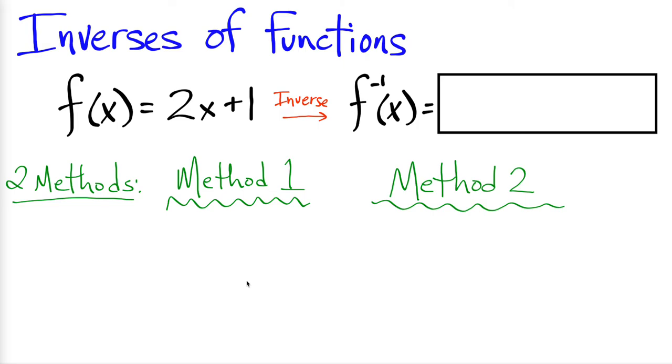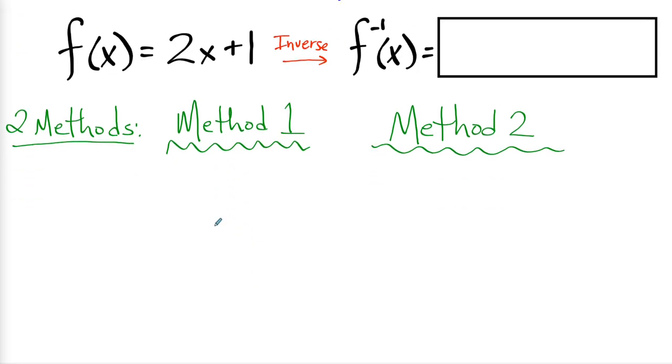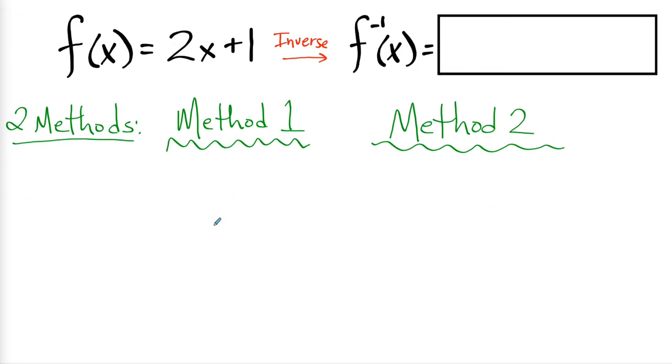I have a feeling basically everybody's going to pick one method. The first method is that you can't write it as f of x; you have to write it as y equals.